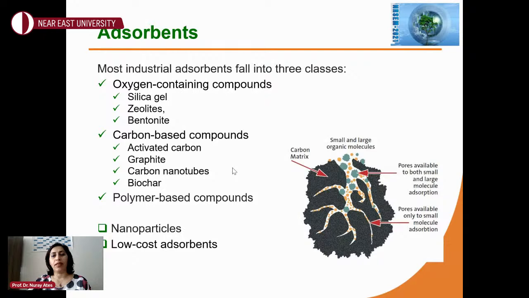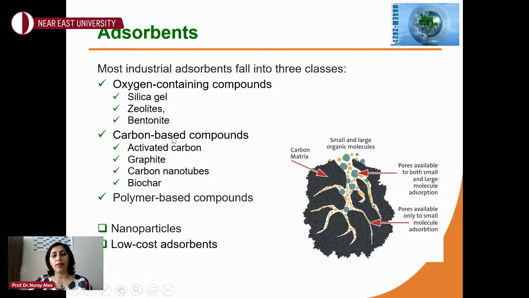Many adsorbents can be used to remove contaminants, pesticides, or organic matter. The adsorbents can be categorized into three main classes. Oxygen-containing compounds, for example, silica gel, zeolites, or bentonite.